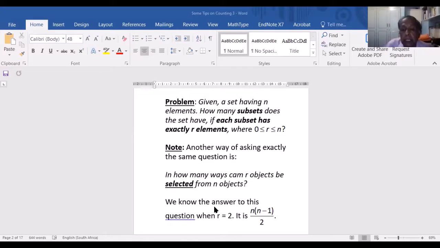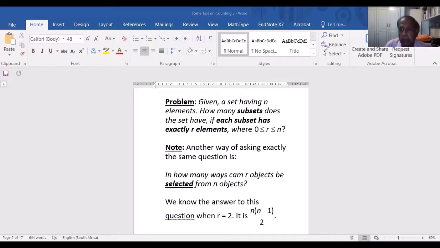Now we already know the answer to this question when r equals 2. We said if you want to select 2 objects from n objects, the answer is n into n minus 1 over 2. So in other words, what we are doing here is generalizing what we did earlier on.